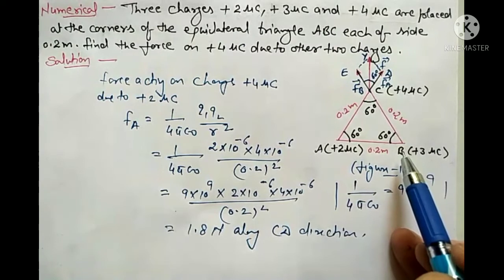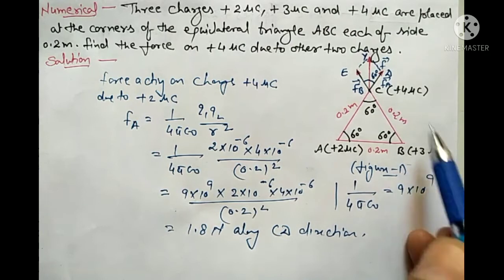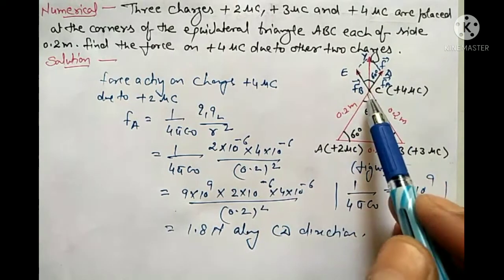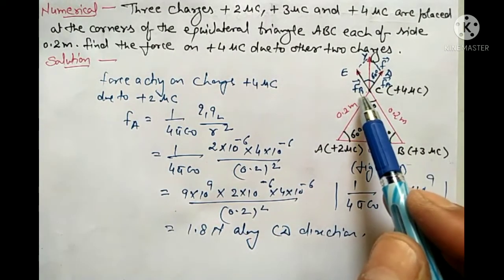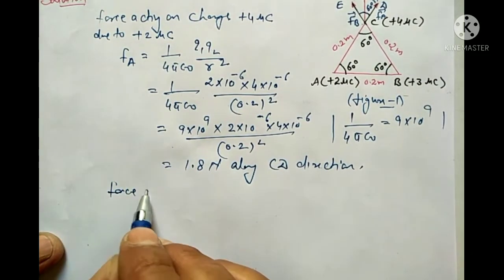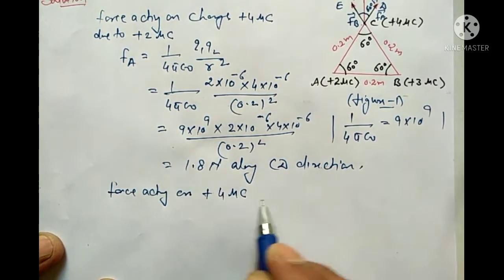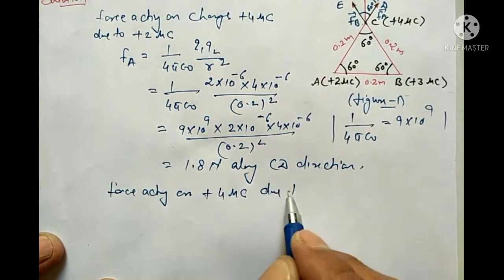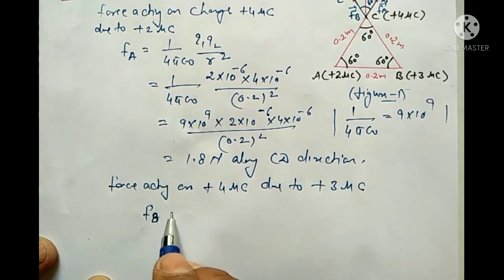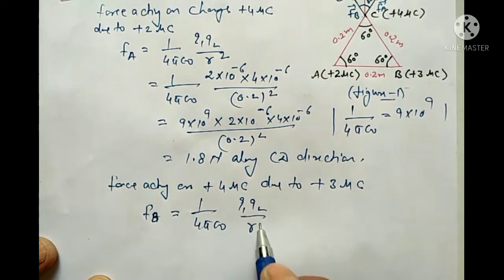Now in the next step we have to calculate the force exerted by this plus 3 microcoulomb charge on the plus 4 microcoulomb charge, and it acts along direction BD. Suppose this force is Fb. So the force acting on plus 4 microcoulomb due to plus 3 microcoulomb, Fb, is equal to 1 over 4 pi epsilon naught Q1 Q2 over R square.